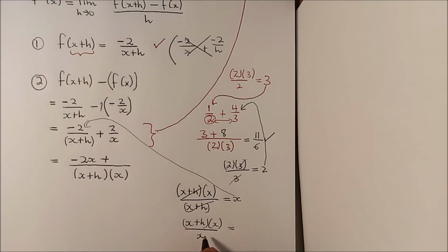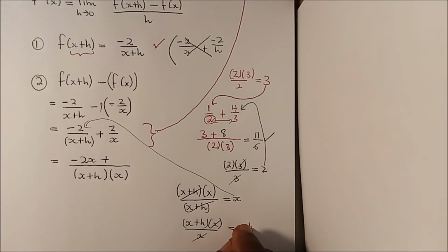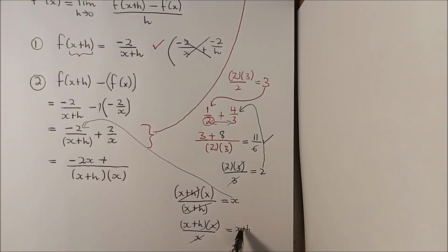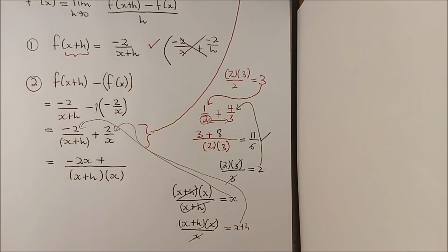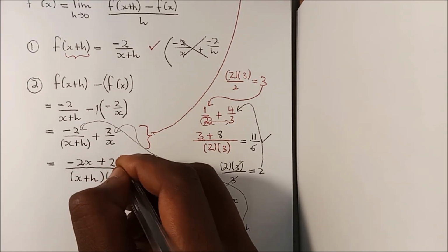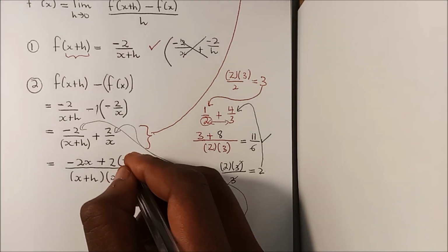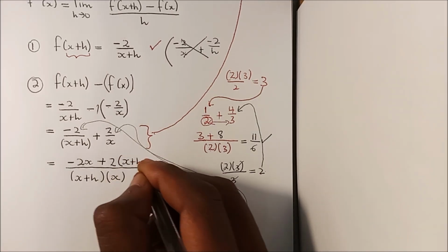The x will cancel, and you'll be left with x plus h. Now what do you do with it? You multiply it by the numerator, so we have 2 times, in brackets, x plus h.